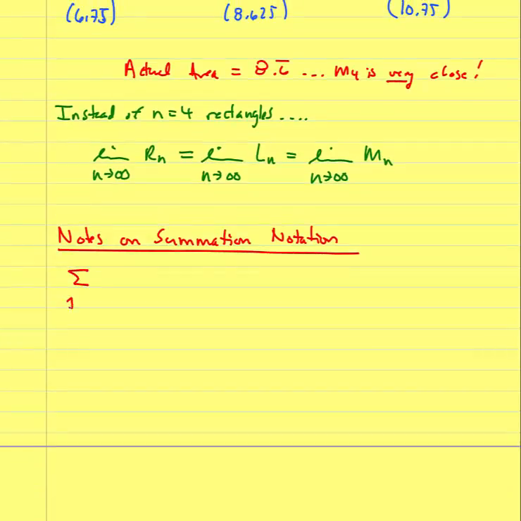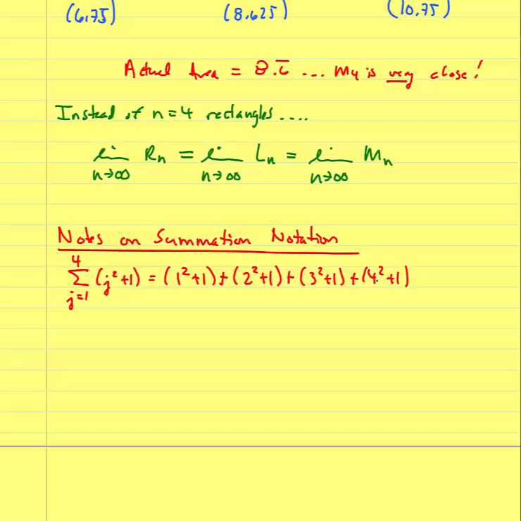So if we had a problem, let's say j equal 1 to 4, let's be specific here, of j squared plus 1, I would take 1 and plug it in for j, and I'd get 1 squared plus 1. And then the summation sign means to do a plus and go to the next index. After 1 would be 2, so this would be 2 squared plus 1 plus 3 squared plus 1 plus 4 squared plus 1. So this is how I would rewrite this. Now if you go through and calculate this, you'd come up with 34.